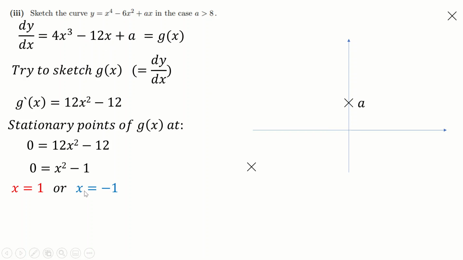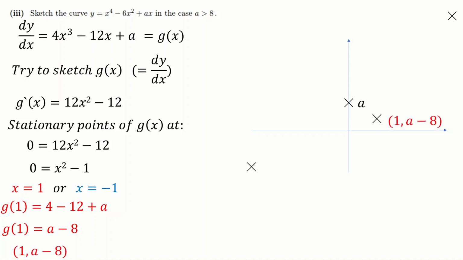Well, let's find out where the graph actually is at 1 and minus 1. At 1, my graph is 4 times 1 cubed, which is 4, minus 12, plus a, which is a minus 8. So at the point 1, I know it's a stationary point, and I know that the y-coordinate is a minus 8.